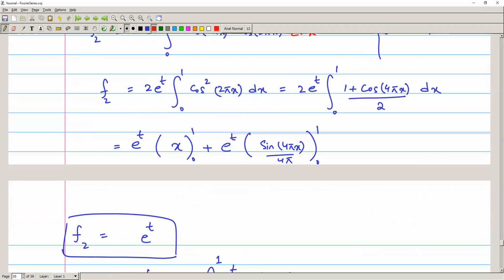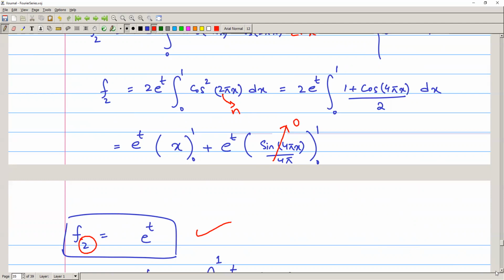Because sine 1 is 0 and sine 0 is 0. So this whole will be 0. Therefore, we're only left with f2 is equal to e to the power t, right? f2 is because of this 2, right? This is n. So when n is 2, it will be f2, right?